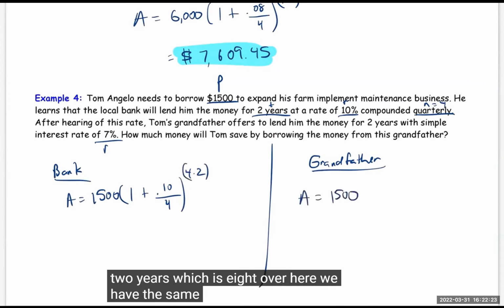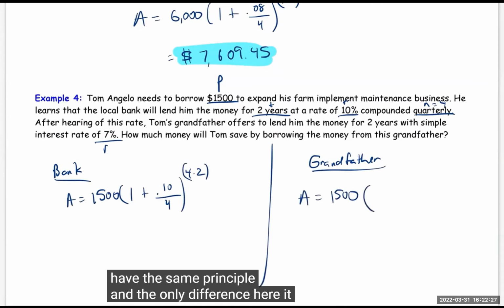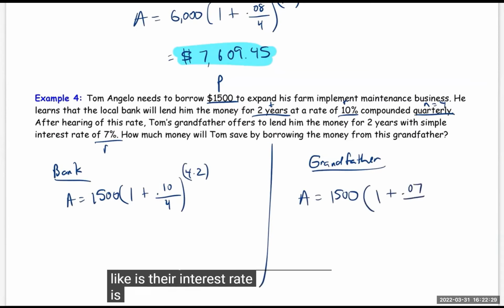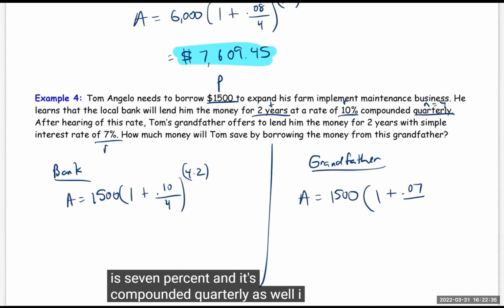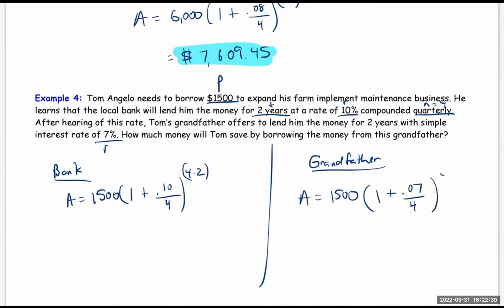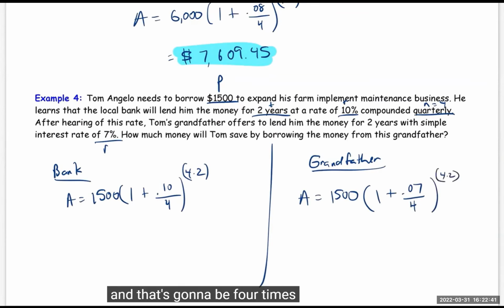Over here we have the same principal, and the only difference here, it looks like, is their interest rate is 7%, and it's compounded quarterly as well, I believe. Yeah. And that's going to be 4 times 2.